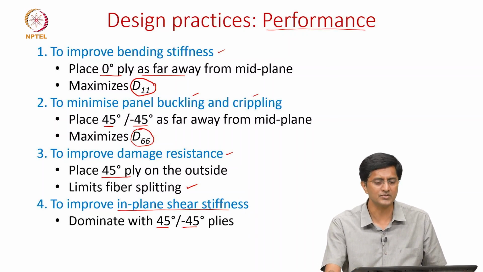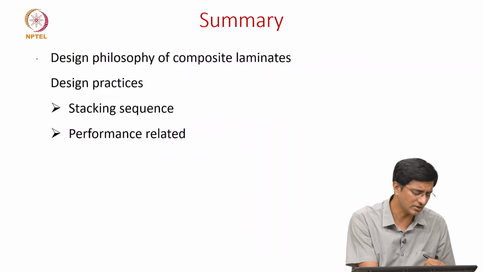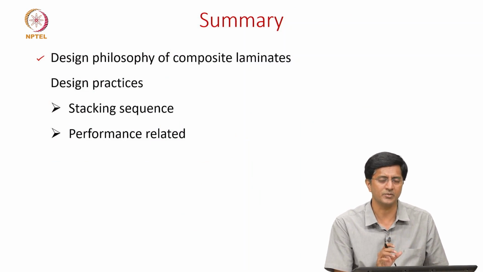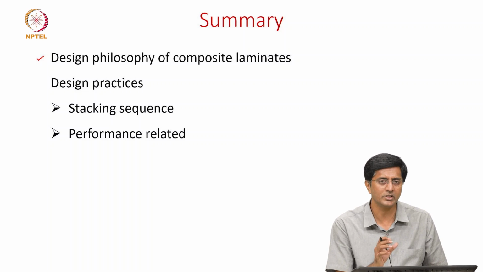So let's summarize what we have discussed in this video. We first discussed the design philosophy. How is it different from composite laminates? We said for metals, most are designed based on yield stress, because plasticity is an important phenomenon in metals. Whereas in composites, yield may not be a criterion, because composite materials are neither completely ductile nor completely brittle. So we need to follow a different philosophy.